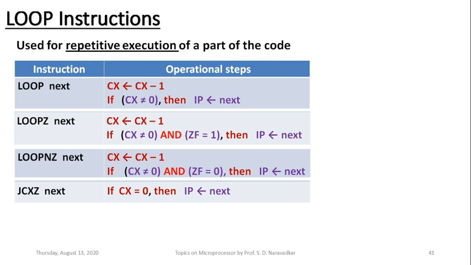If CX is equal to 0, then and only then the jump will take place by loading the offset address given by the label next into the instruction pointer. So this is all about the loop instructions. Loop instructions are basically used for optimization of the corresponding code. I hope that you understood all those branching instructions in a better manner.